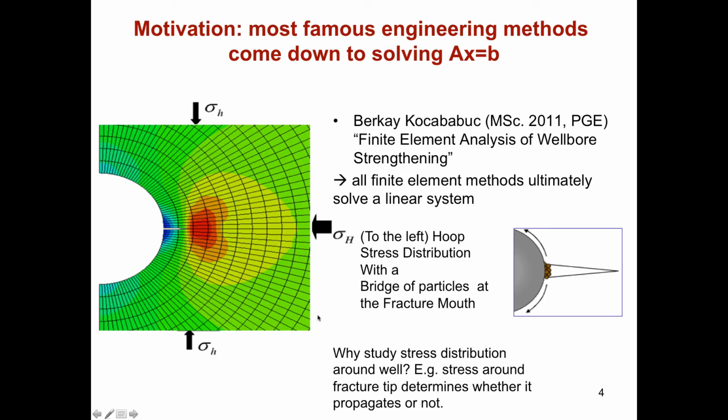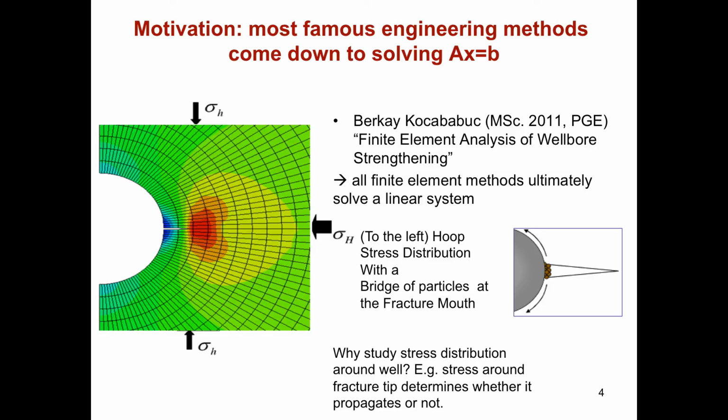Here's one example where you might not know, but a lot of linear equations are solved. If this is my wellbore, this is just a half of the wellbore as is often represented in numerical software. Anytime you're in the subsurface, you will learn in geomechanics later that you have 3 major stresses acting on you.